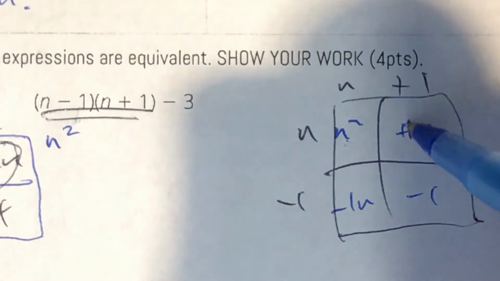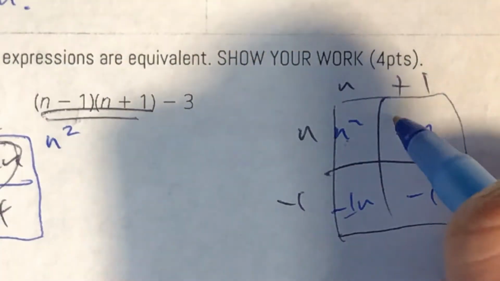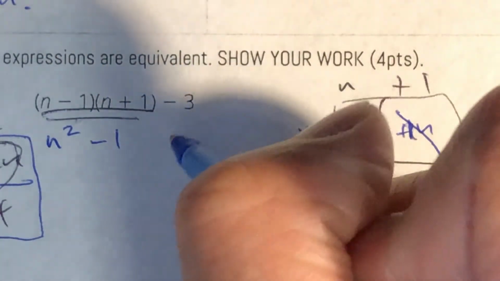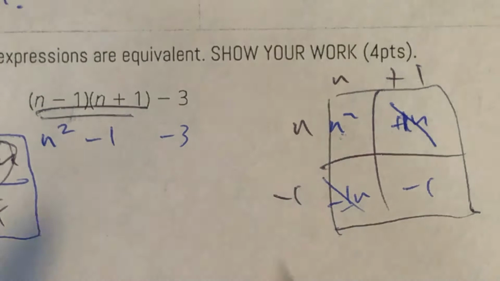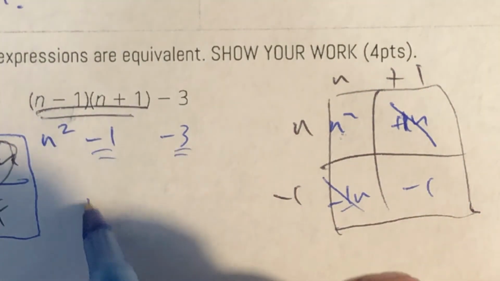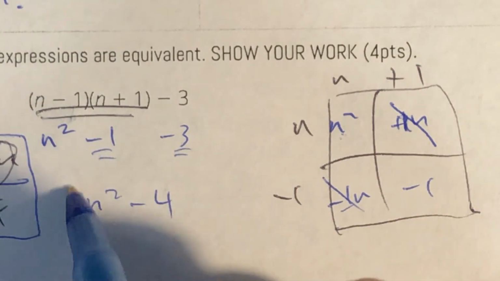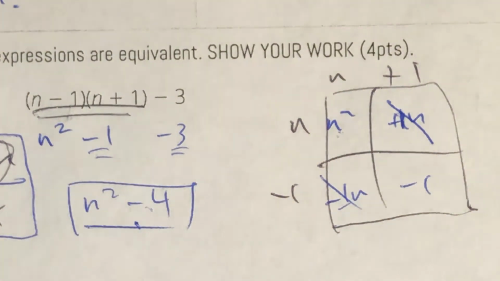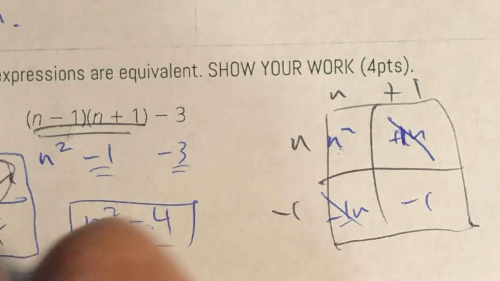And then these two, positive 1n and negative 1n, they cancel. That equals 0n. You're just left with 1, and you have that minus 3. And then you combine like terms here, so you have n squared minus 4. These two in boxes are not exactly the same, so you can say no.